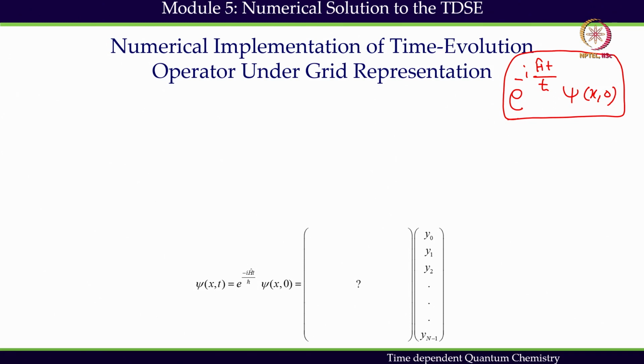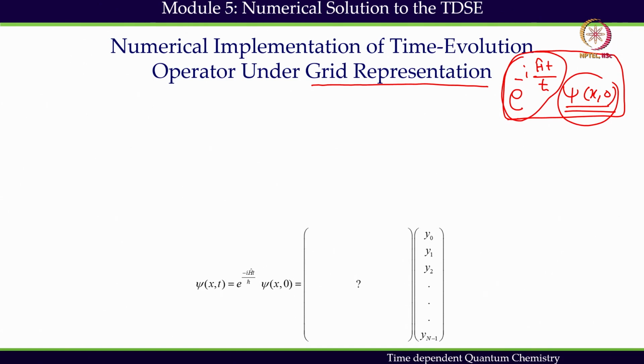One of the procedures we have already seen in Python tutorial 2 is that we can represent a wave function under grid representation, and we know how to represent a wave function on a grid. And the moment we represent a wave function on a grid, we have to find out how to represent this operator on the grid.